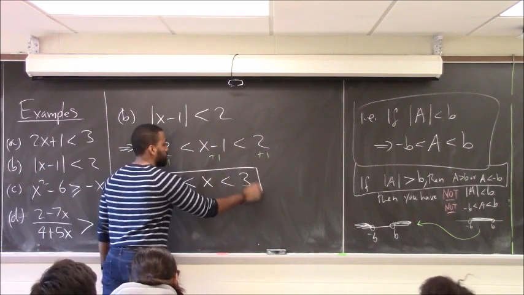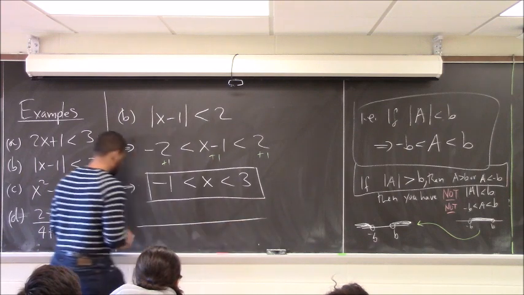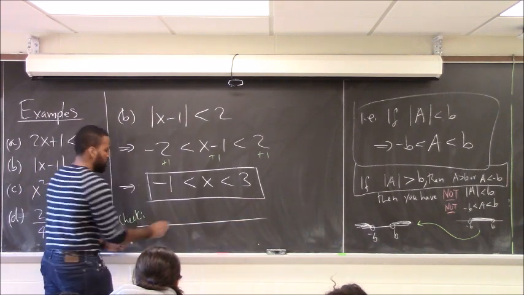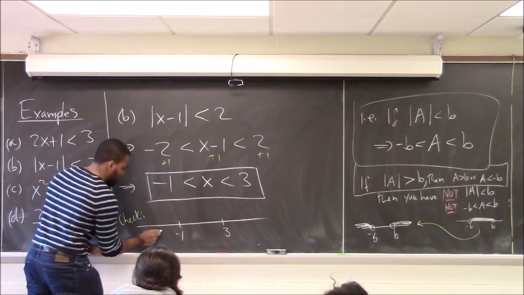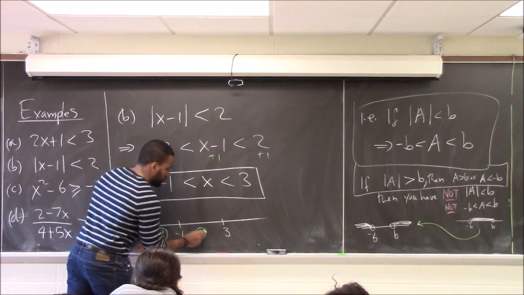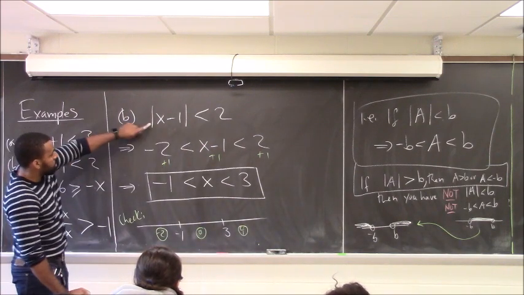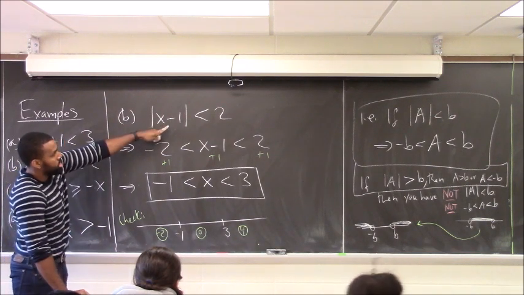Now, that's going to be the answer, but really, you do want to check. So you can put in negative 1, you can put in 3, and you can plug in random values, say minus 2, 0, 4. Now if I plug in 0, I get 0 minus 1.